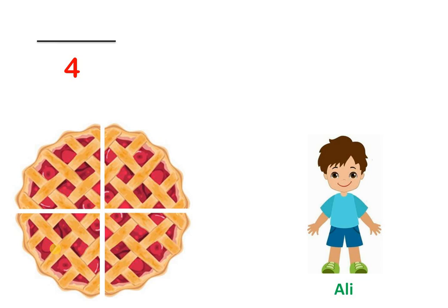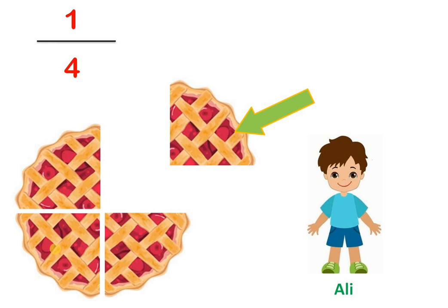The top number of the fraction is 1, because Ali is having 1 part of the pie. So Ali is having 1 over 4 of the pie. There is another way to read this fraction. We can read it as 1 over 4 or quarter.